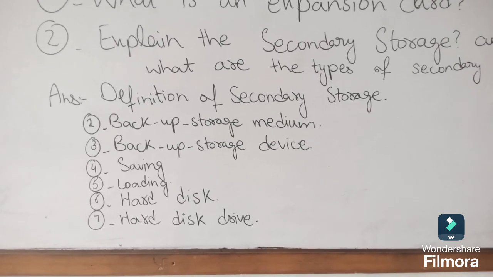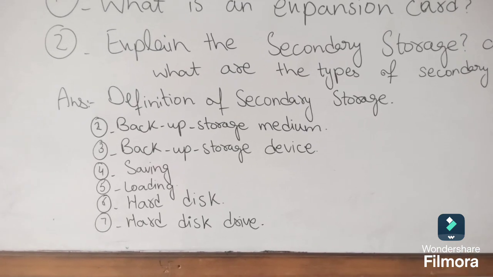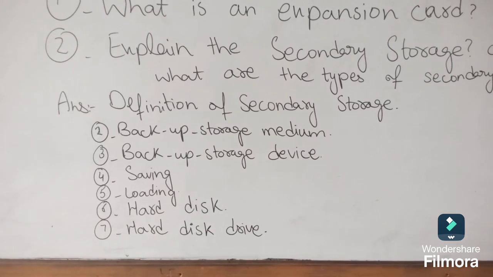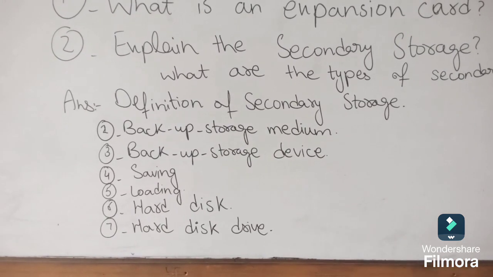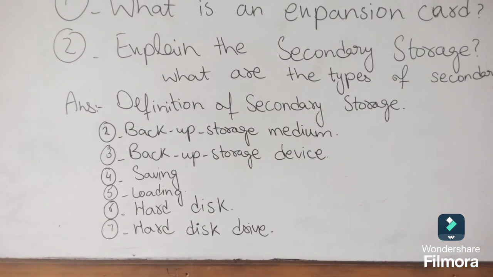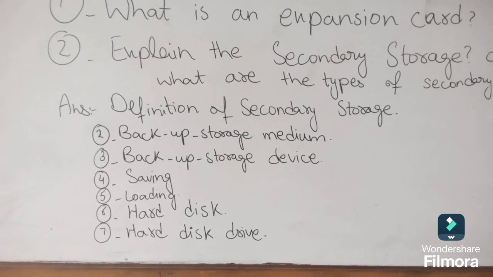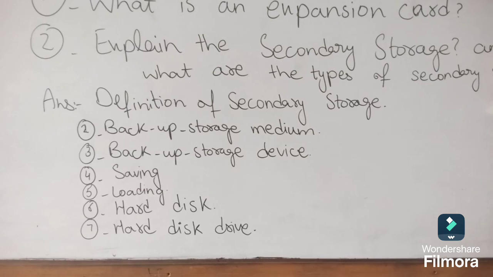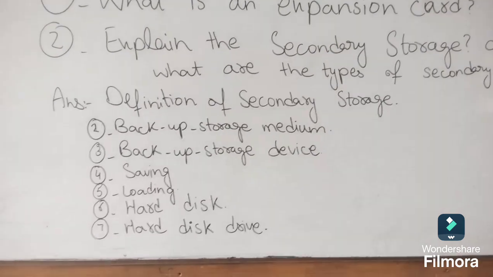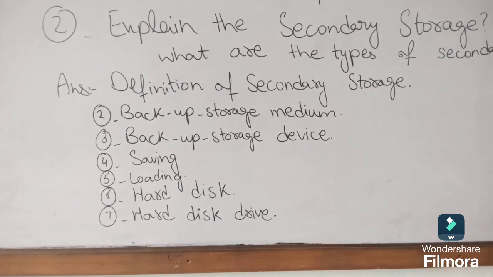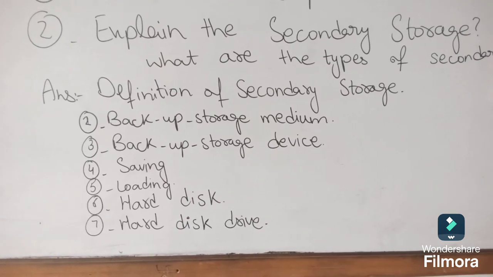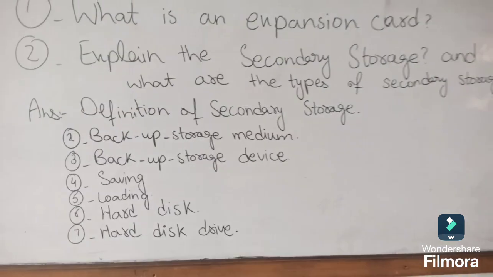What is a secondary storage device? What do you know about saving and loading? And the two types of secondary storage. Okay, what are the two types? Name those types, explain one point in each of these two types, and also give one example of both of these types. What is a hard disk and one example, and what is a disk drive? Also you need to give one example of it. Okay, thank you students.